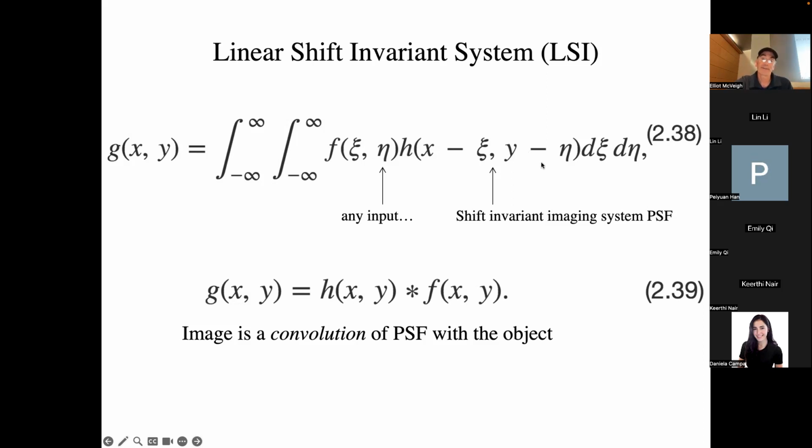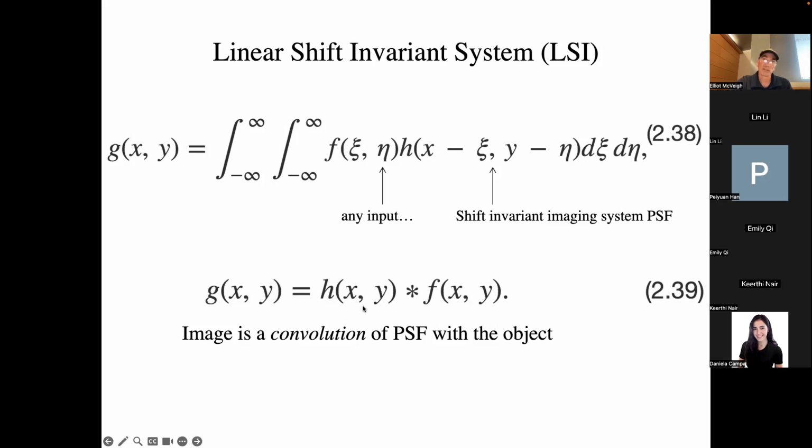This is also the definition of what's called a convolution. And when I have this shift invariant point spread function, I can express my change from my real object to my image as a convolution of the real object with the point spread function.